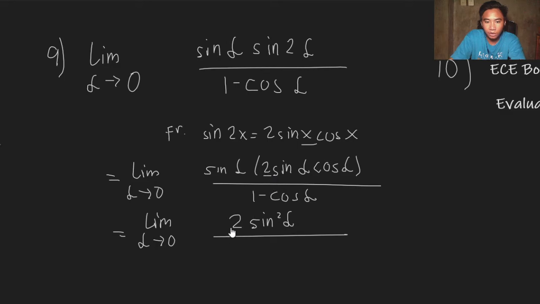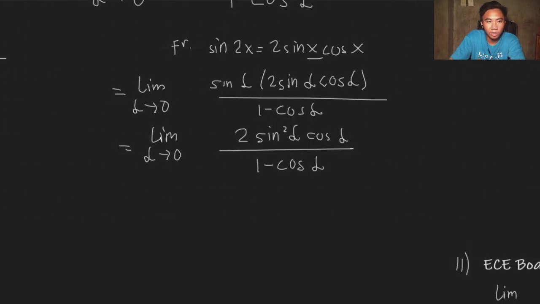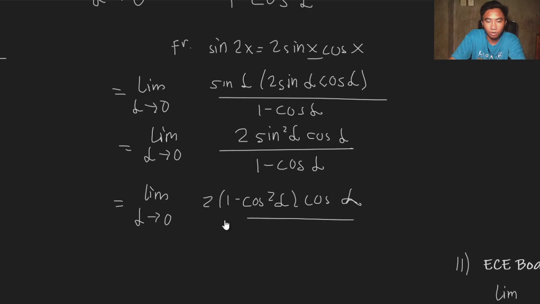And then yung 2, lagay lang natin dito sa harap, kopya lang. Then cosine alpha. And 1 minus cosine alpha. So gamit yung previous na ginamit natin, alam na natin ang value ni sine squared alpha, which is, sige nga, ano nga? So 2 times 1 minus cosine squared alpha multiply to cosine alpha. Yan. All over 1 minus cosine alpha.